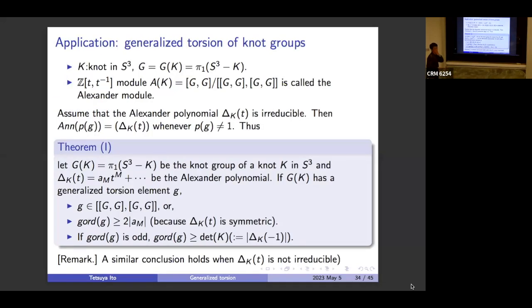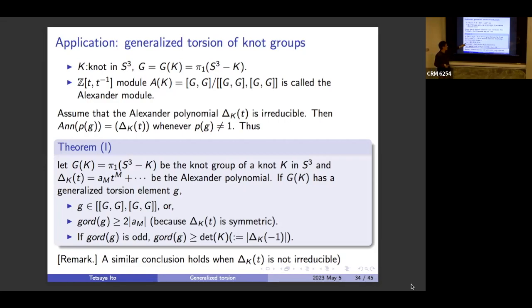When we apply this criterion to the knot case, we get this argument. I omitted it, but the previous argument is modeled on the Alexander polynomial case. I just made everything abstract to be able to apply it to the general group case. Namely, if G is a knot group and Delta_K(t) is the Alexander polynomial, then if the knot group has a generalized torsion element, we have the following.